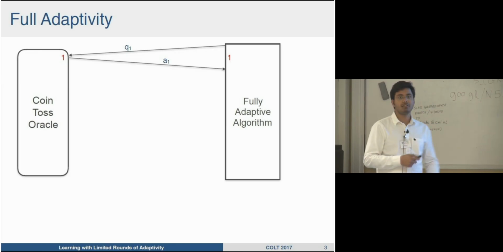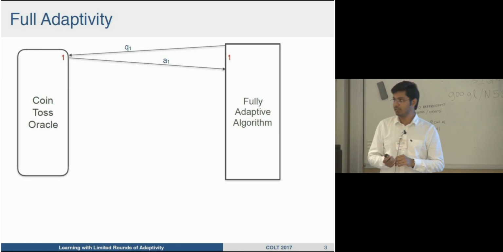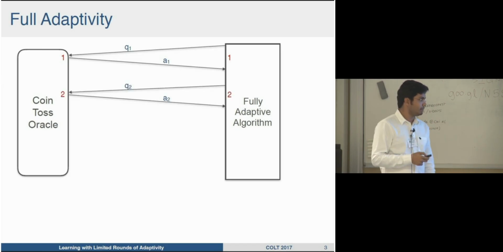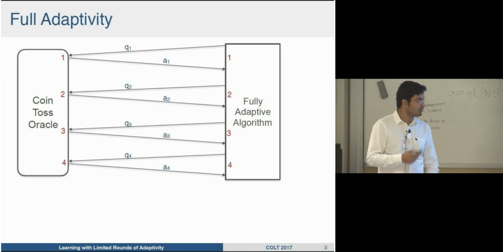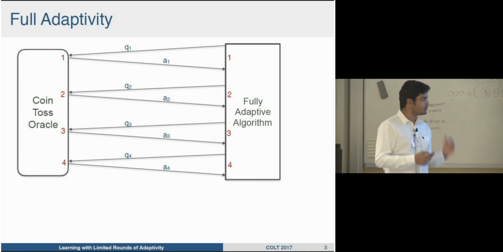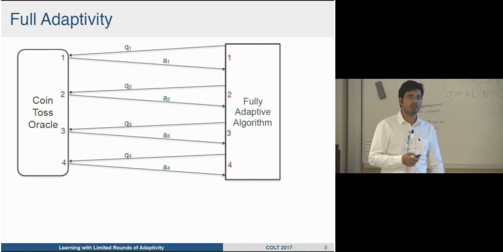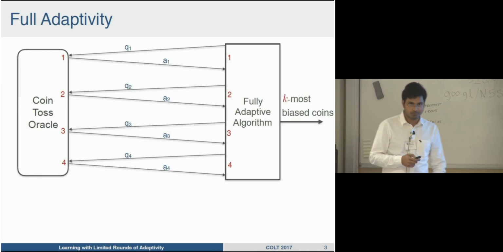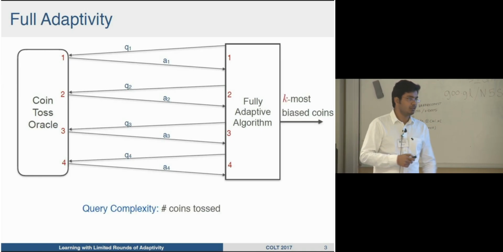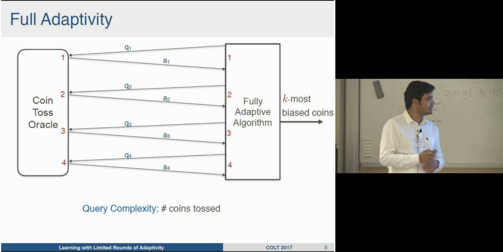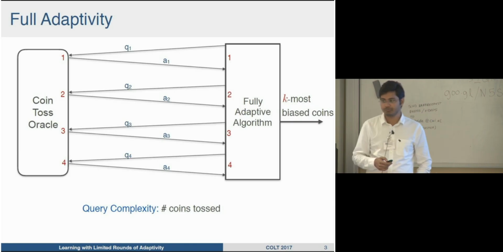Now, based on the answer, the algorithm adapts and asks another query, and the oracle again responds. And this goes on for some number of rounds until the time the algorithm is confident enough that it has identified the k most biased coins, and it outputs. The query complexity, or sometimes also called sample complexity, is the number of coins tossed.